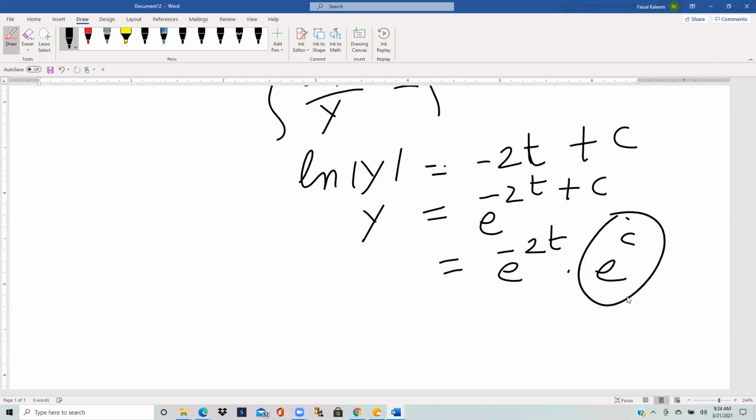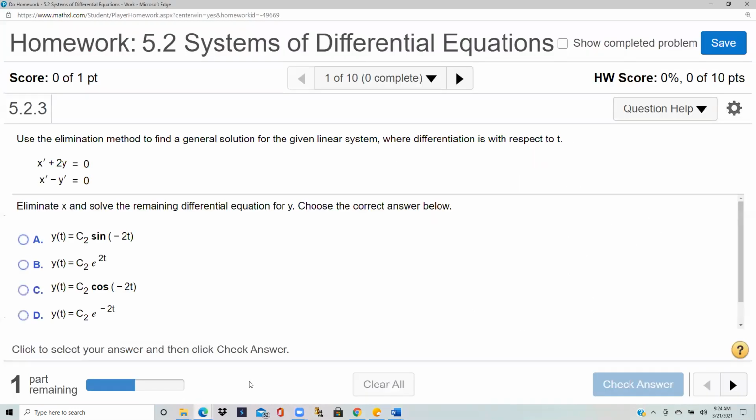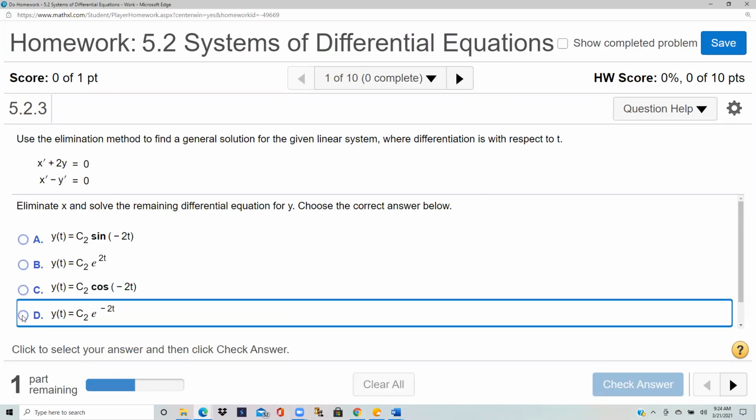And now e to the c is another constant, and if you look at their choices, you can call it any constant letter, but they are calling it c2. c2 e to the negative 2t. So if we go back to the problem, c2 e to the negative 2t.